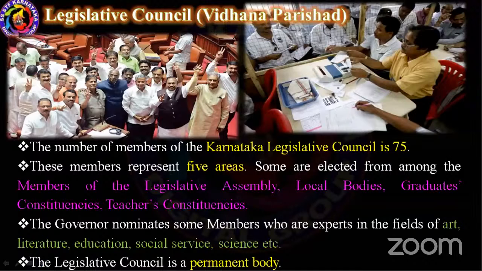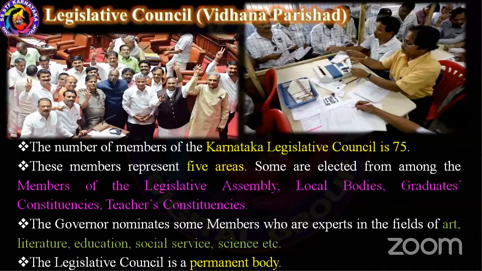The legislative council is a permanent body. Every 5 years they conduct election to the legislative assembly. Like that, they do not conduct election here every 5 or 6 years.